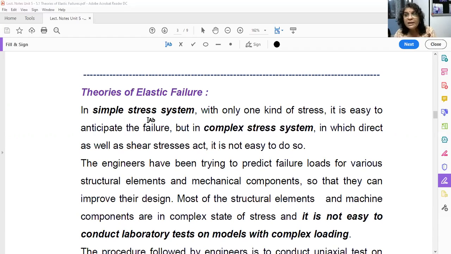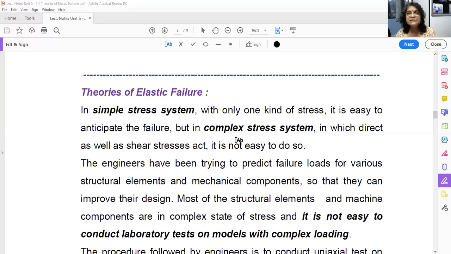Or if you take the example of a spring, what are the stresses induced in the spring? Say only bending stresses, or you can say only torsional shear stresses. In that case, only one kind of stress is acting. So those stresses are known as a simple stress system. But what do we call a complex stress system?